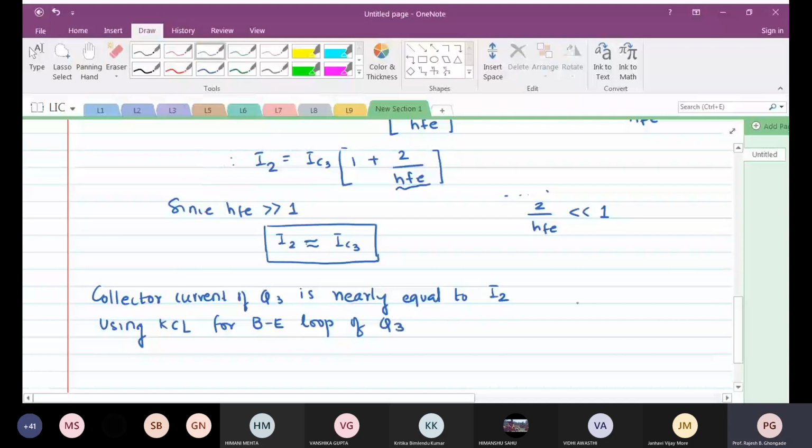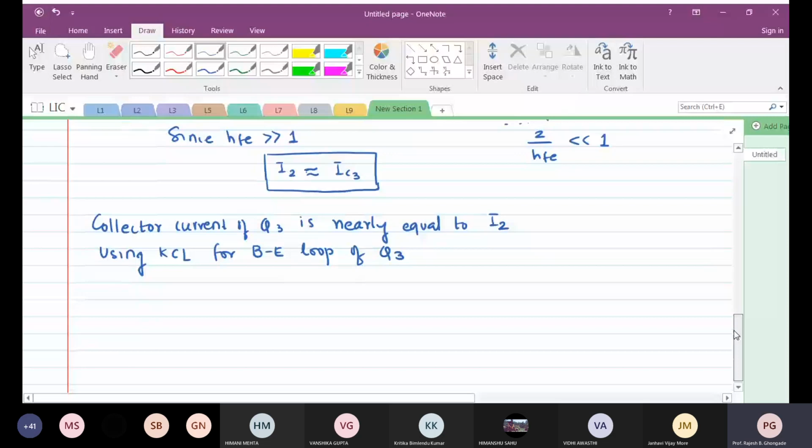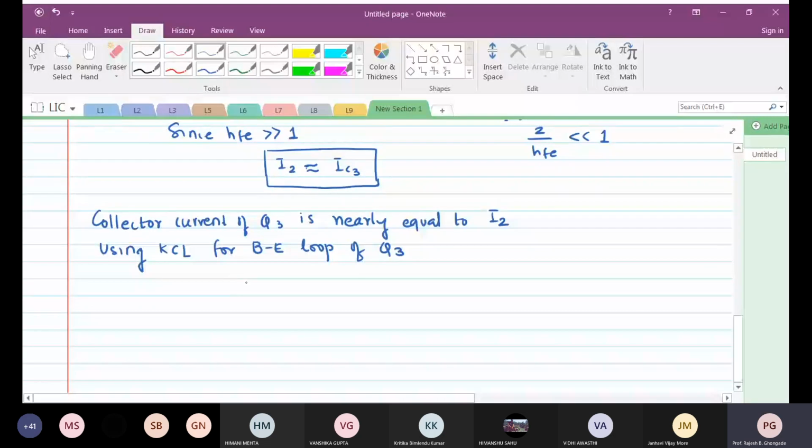So the base emitter loop of Q3. So tell me, what is the equation that you see? Minus I2R2 minus VBE3 plus VEE equal to 0.